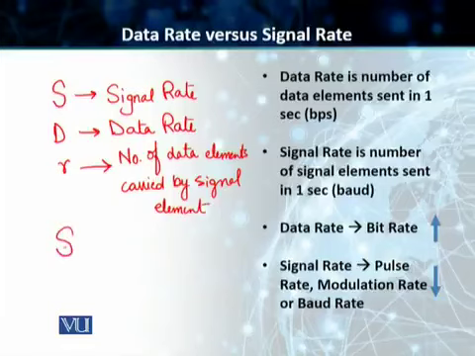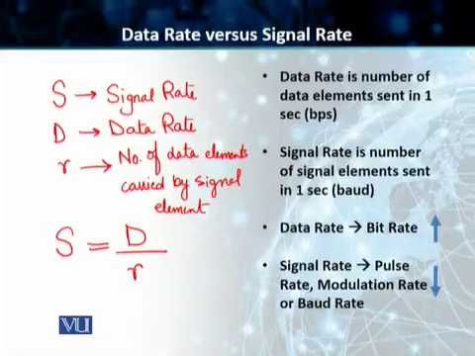Now, S, which is our signal rate, is equal to D, which is our data rate, divided by this ratio R.